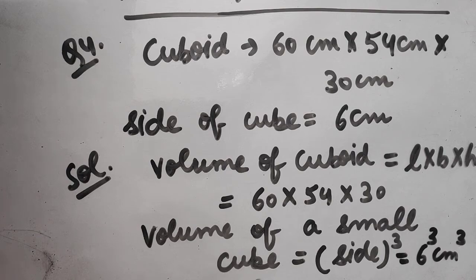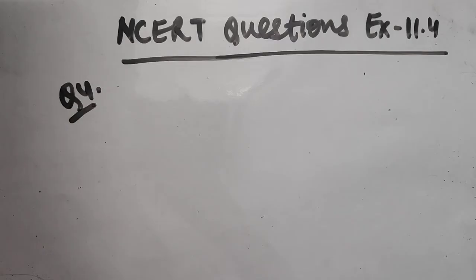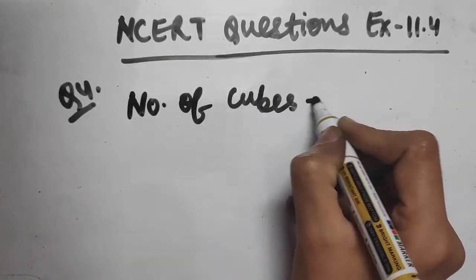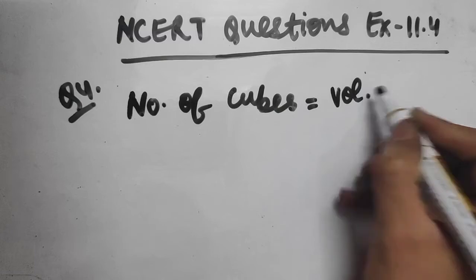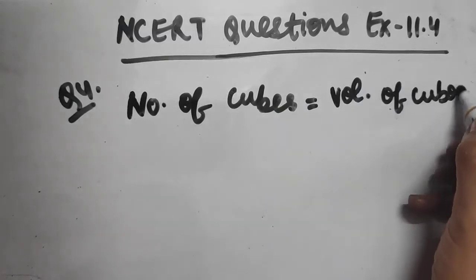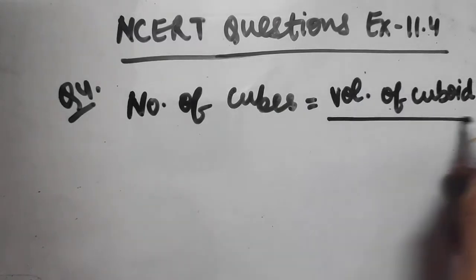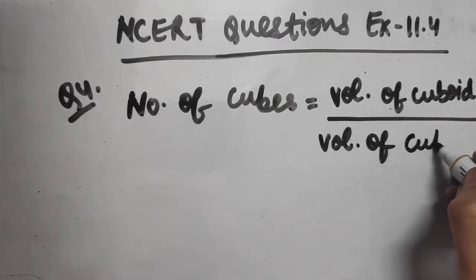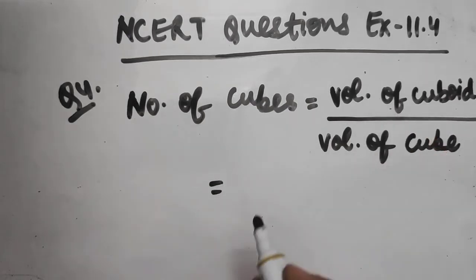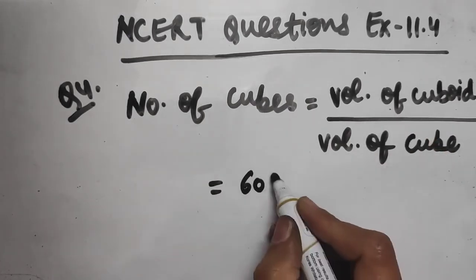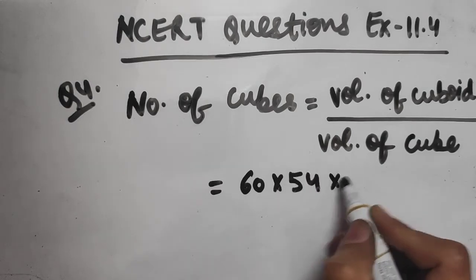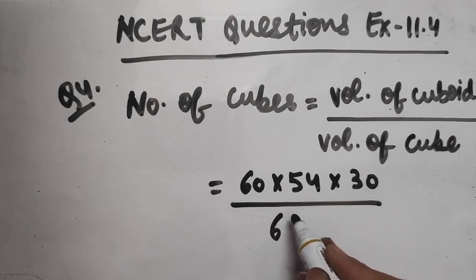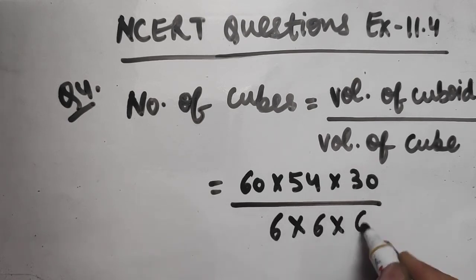Now to find the number of cubes, we are supposed to divide these two. Number of cubes is equal to volume of cuboid divided by volume of small cube. Volume of cuboid, we know the dimensions, 60 into 54 into 30 divided by 6 into 6 into 6.